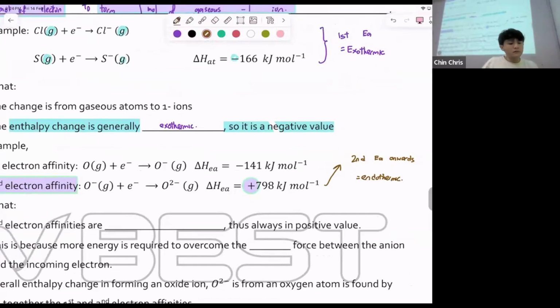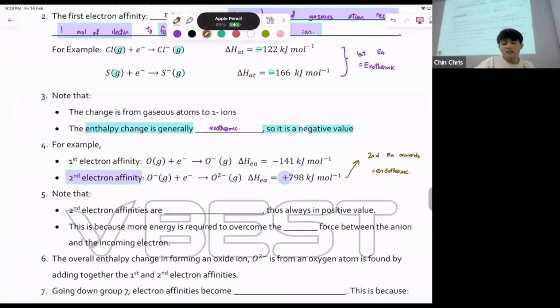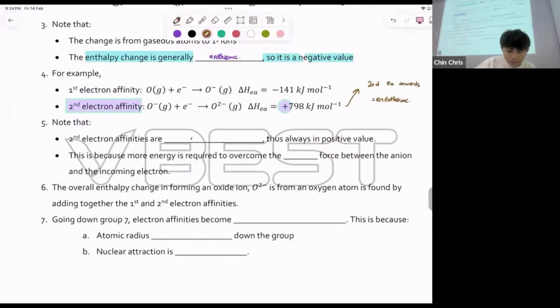Why? What's the reason? Why is it endothermic for second EA?